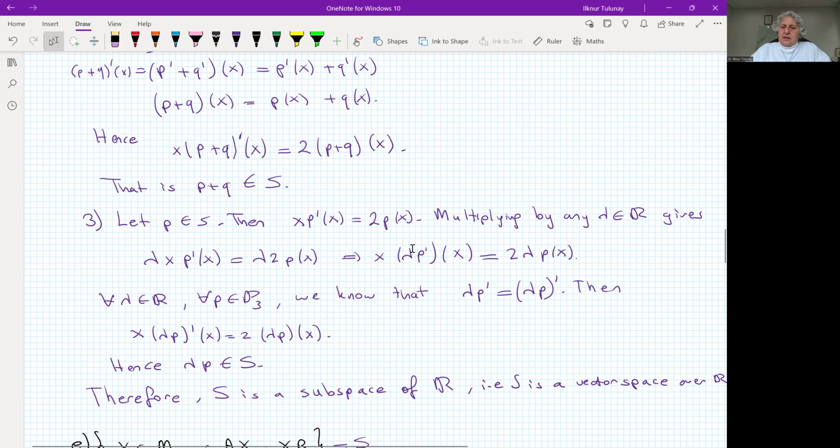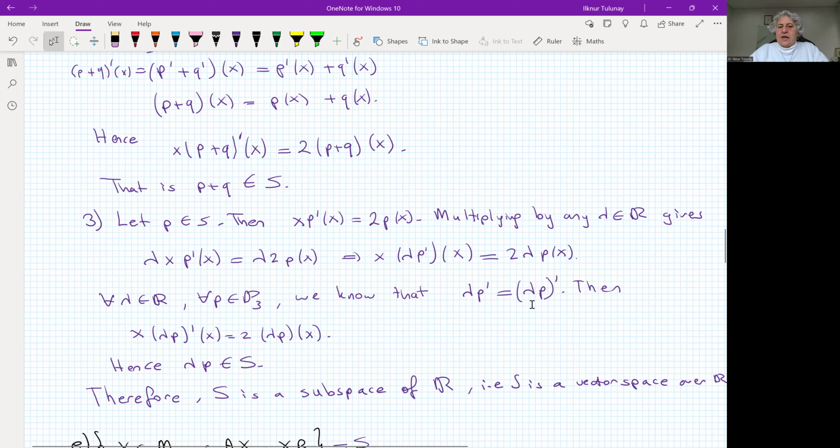So this is still not good enough because it is not in this format, right? x times the polynomial derivative. This will not imply that lambda P is in S because I need to do something here. But we know that for any real number lambda, lambda times any polynomial derivation can be written as lambda times P derivation, P prime, which means that multiplication by a constant will not affect the polynomial derivation.